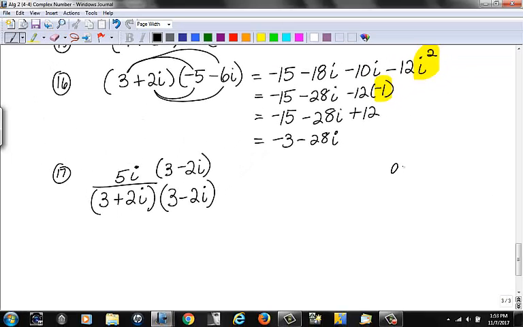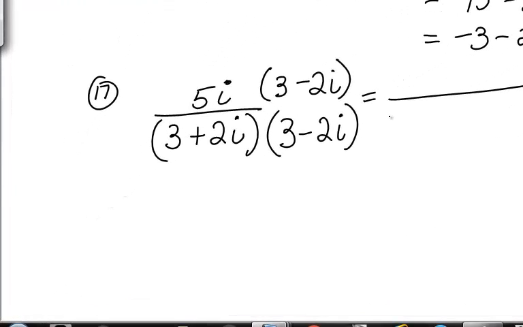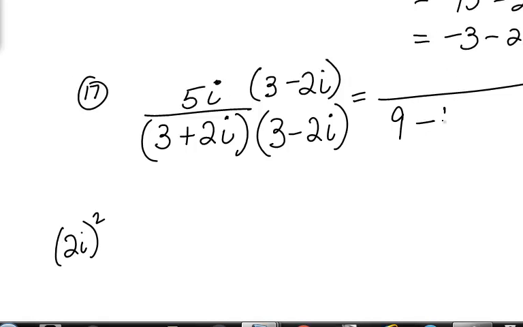Okay, and what we're doing is we're using the idea of a plus b times a minus b, square the first one minus the square of the second one. Okay, so on the bottom, square the first one. 3 squared would be 9, minus 2i squared. 2 squared would be 4i squared.